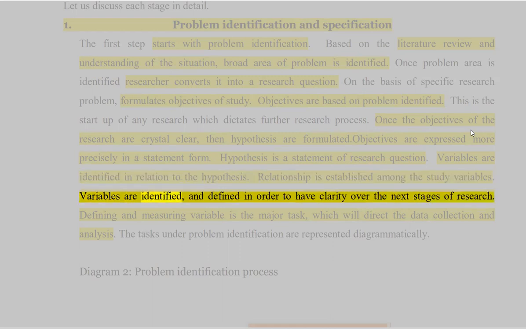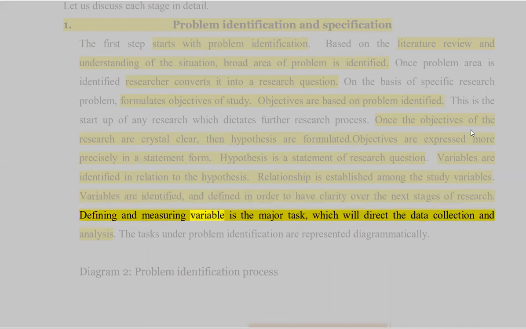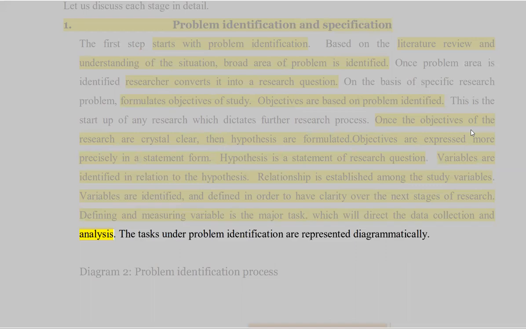Variables are identified and defined in order to have clarity over the next stages of research. Defining and measuring variables is the major task, which will direct the data collection and analysis. The tasks under problem identification are represented diagrammatically.